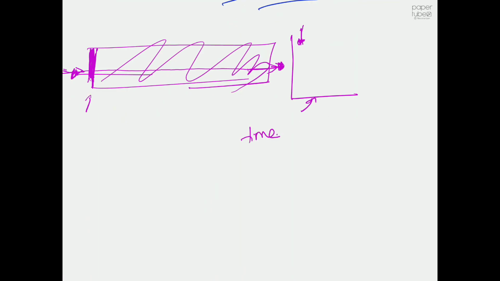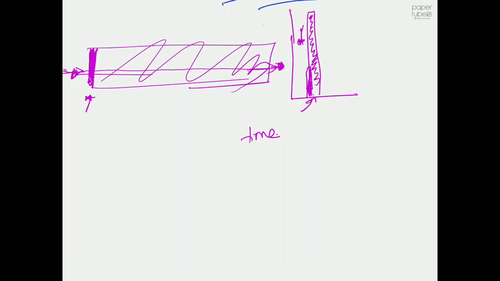Say at time t equal to 1 minute, you will see some small concentration here, and then at time t equal to 1.1, a big concentration here.